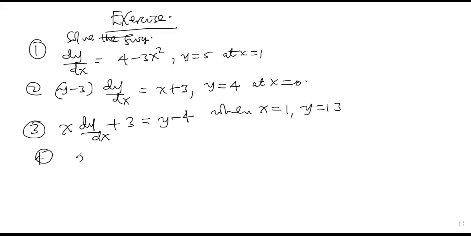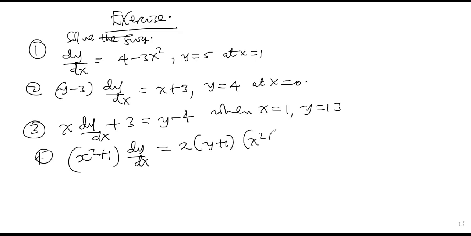Then 4: (x squared plus 1) dy/dx is (2y plus 1)(x squared plus x plus 1), when x is 0, y is 3.